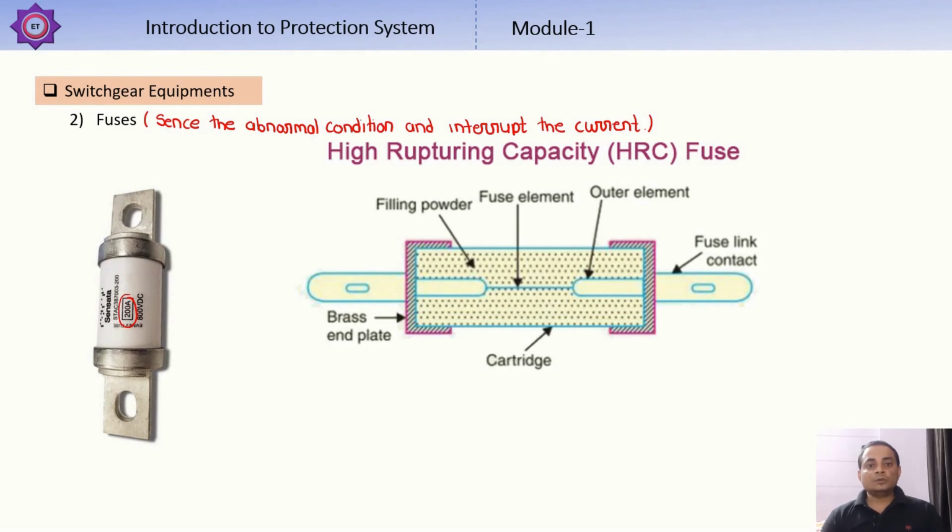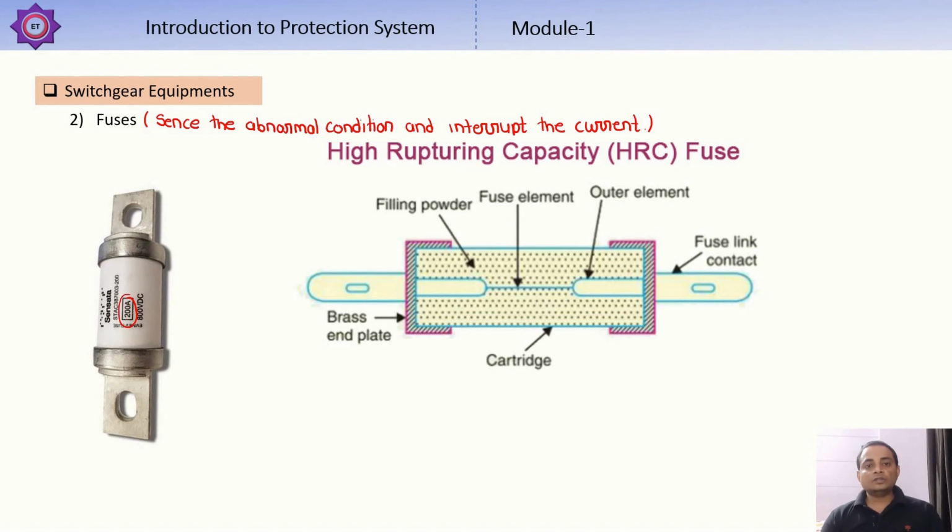Fuse is a short piece of wire or thin strip which melts when excessive current flows through it for sufficient time. It is connected in series with the circuit to protect them. Under normal operating condition, the fuse element temperature is below its melting point and carries normal load without overheating.